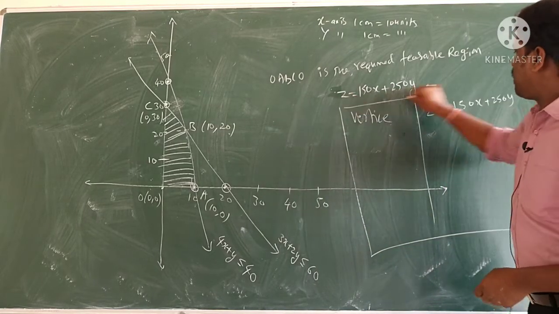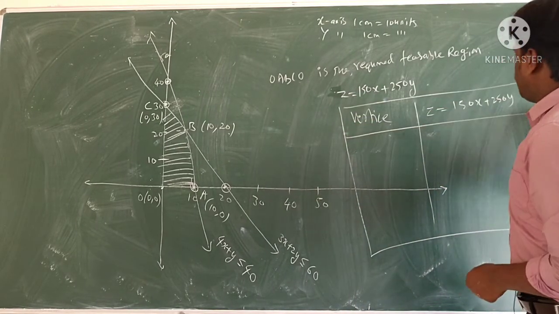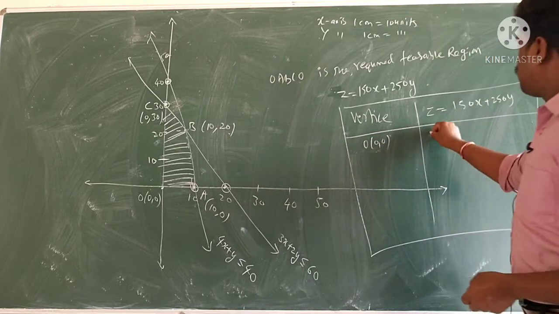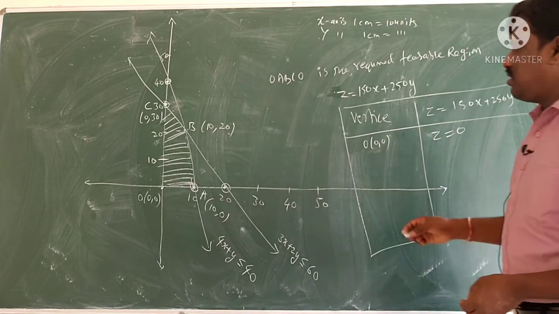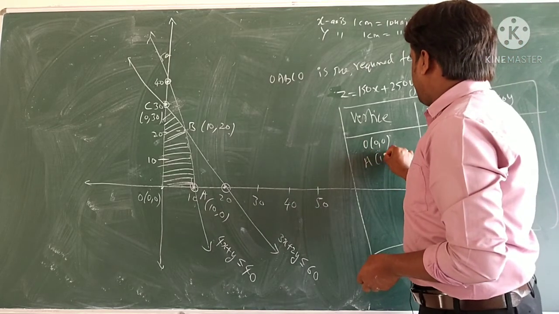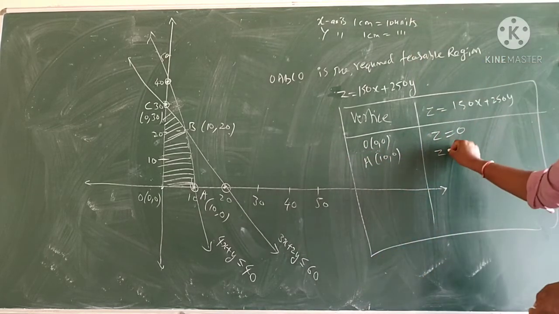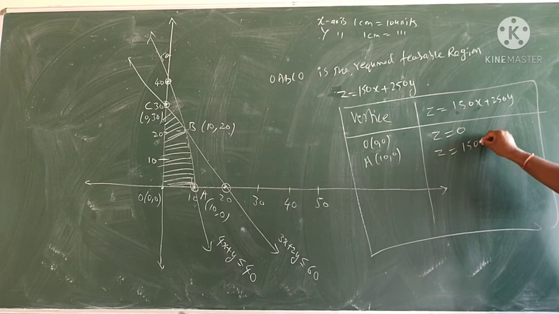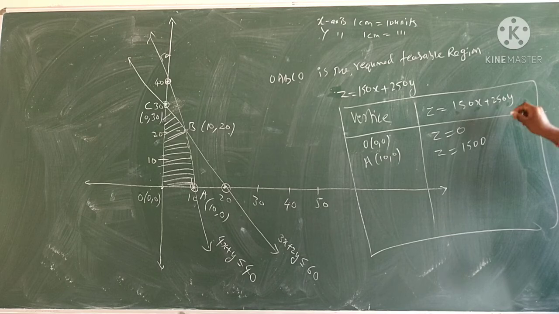Now we take the vertices and substitute here. We see where we get the maximum. 0 comma 0 I substitute here, so Z is equal to 0. Next is 10 comma 0. Z is equal to 10 into 150, which is 1500, plus 250 into 0, which is 0. So 1500 you get.